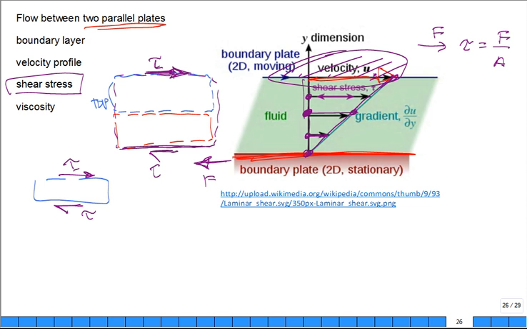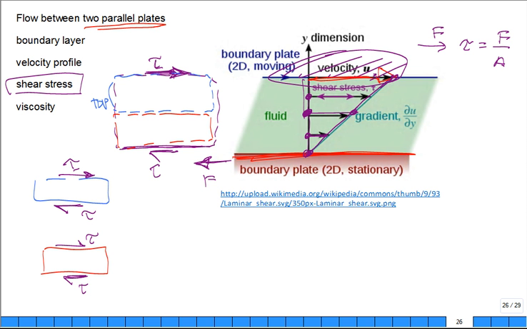How about if I look at the red control volume? I already knew that the bottom surface is applying the shear stress in that direction. Guess what? It has to be this one there. It has to be so the fluid above the red control volume, the bottom control volume, is making it want to flow in the positive x.